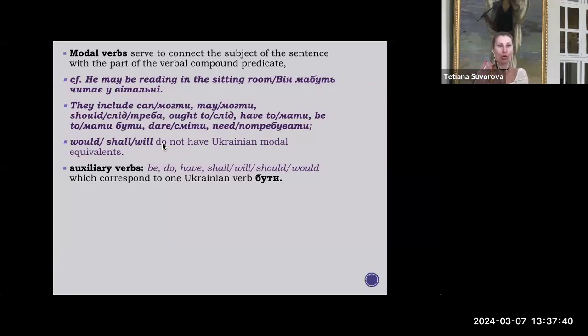It is more about your level of education, when you use not the analytical way of forming the future, я буду мати розмову, but я матиму with the help of suffixes, prefixes, and endings. That is really classy because it's difficult. It's difficult even for the Ukrainians, not only for the foreigners.